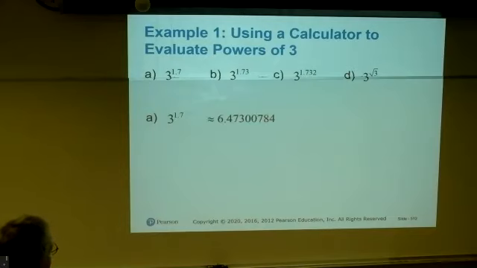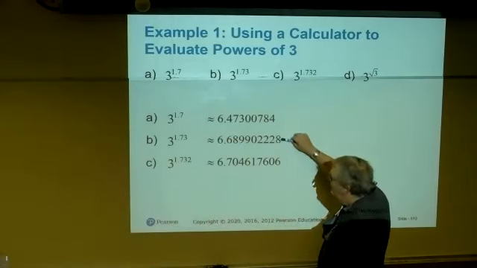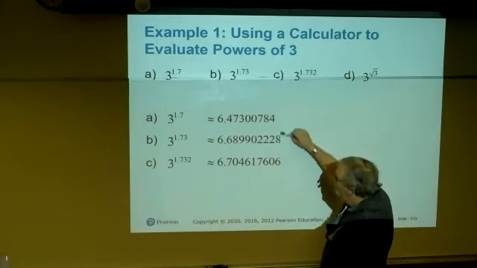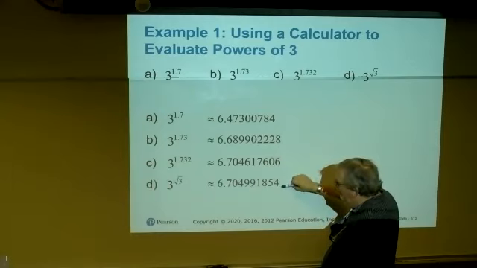And so 3 to the 1.7 is that number. 3 to the 1.73 is that number, approximately. Please notice that these numbers are getting larger, but they're slowing down. The difference here is quite large, where the difference here isn't as large, and then the difference here is even smaller.